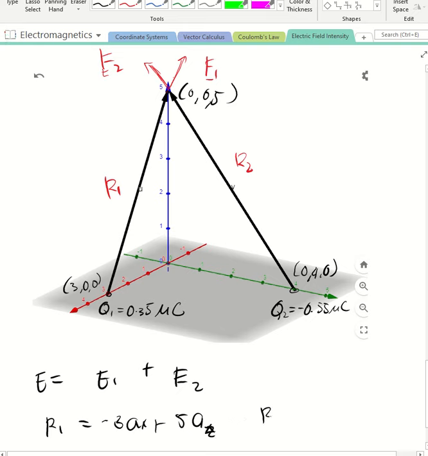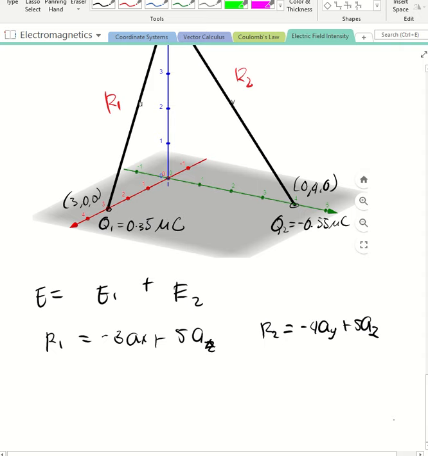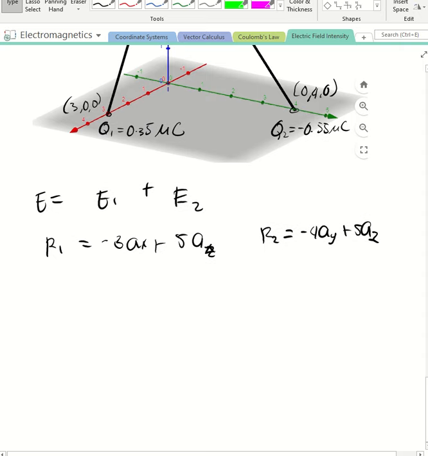Then R2 will be equal to, again, 0 minus 0, there's no x component, 0 minus 4, negative 4 ay, and 5 minus 0 is positive 5 in the z direction. So these are R1 and R2. Now we can solve for E1 and E2.